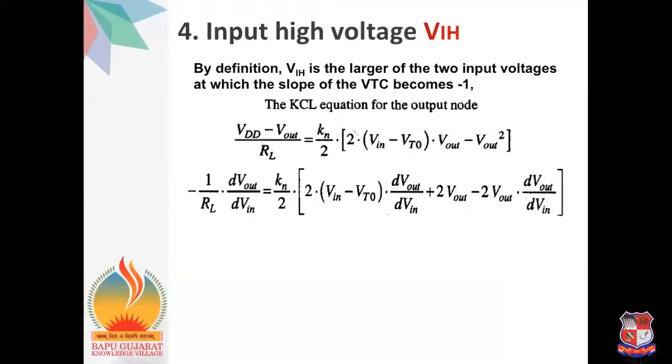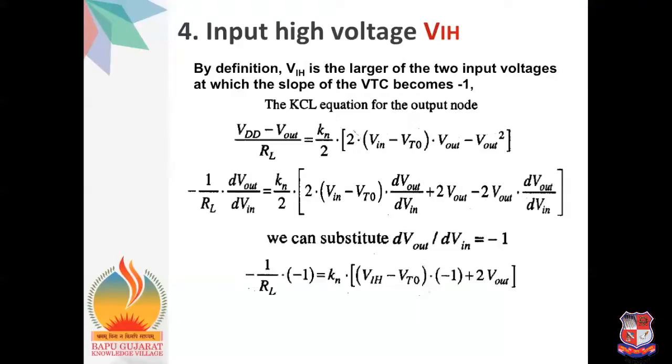That is -1/RL dVout/dVin equal to Kn/2 [2(Vin - VTO) dVout/dVin + 2Vout - 2Vout dVout/dVin]. We put the value dVout/dVin equal to -1. We know that this is a critical point.